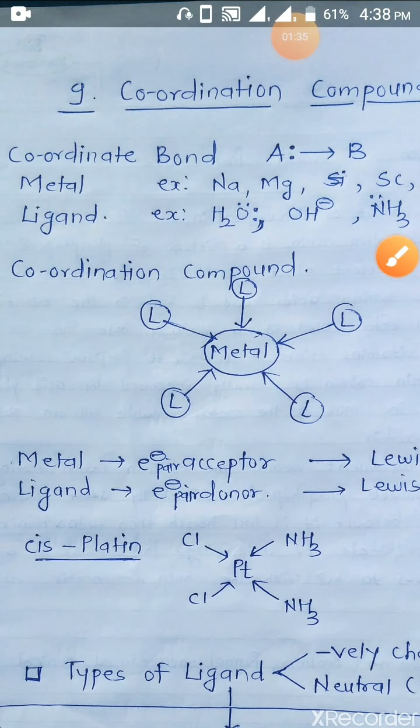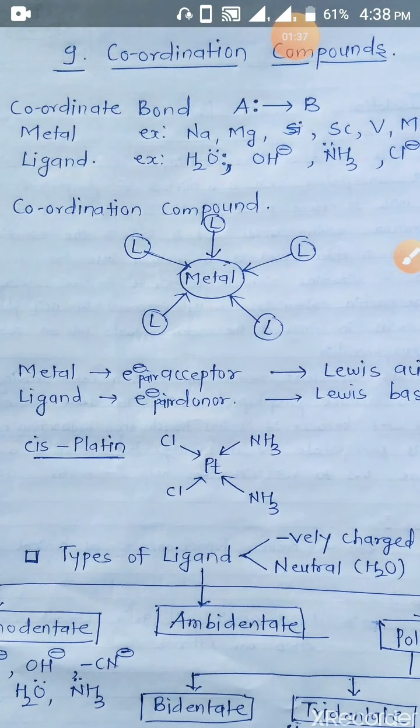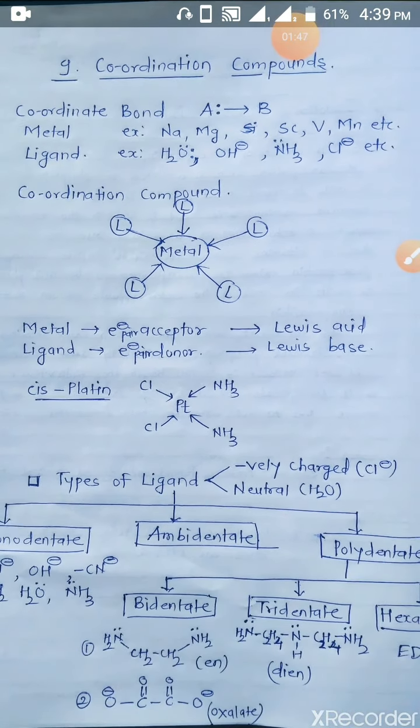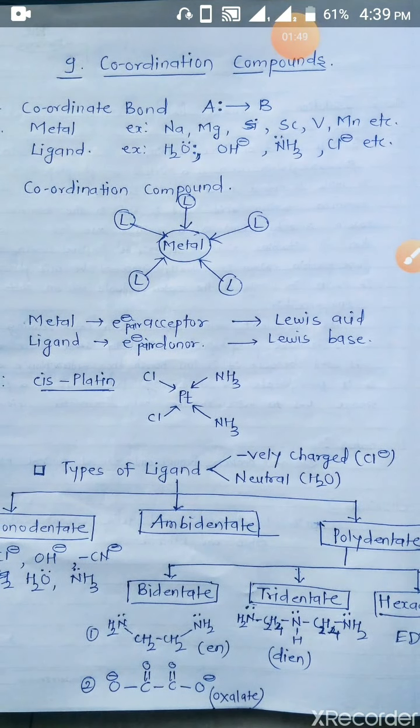Now we will see next terms like metal, ligand. Now you are familiar with the term metal, means the elements which donate electrons are called metals, that is the electropositive species. For example, sodium, magnesium, lithium, scandium, vanadium, manganese, like this.